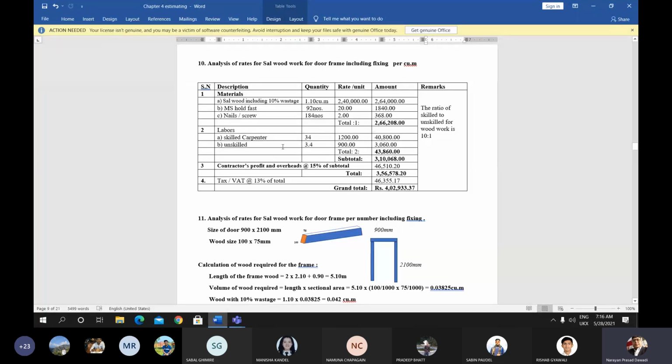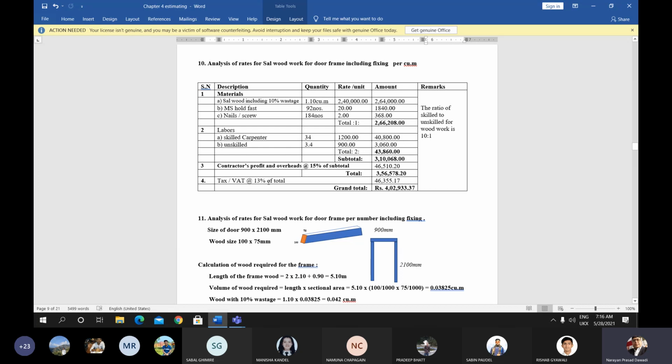You will get the unskilled manpower, because the main worker who makes the wooden frame or wooden member is the carpenter. But unskilled manpower is used for providing water to the carpenter, providing tobacco to the carpenter, and helping to sharpen the blades of the saws and the randa.